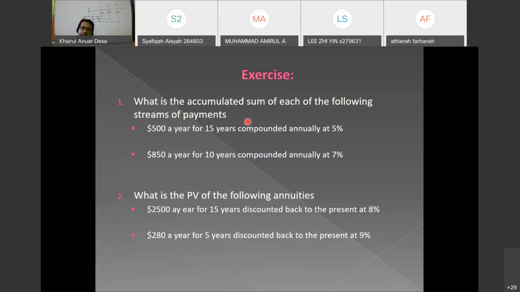Okay, sekali lagi, this is Nazifah. Okay, sebelum tu anda kena tanya soalan kepada diri sendiri. When you see the keyword here is compounded, kalau kita nampak compounded, ini adalah keyword untuk apa?